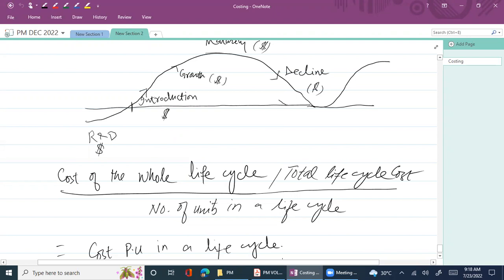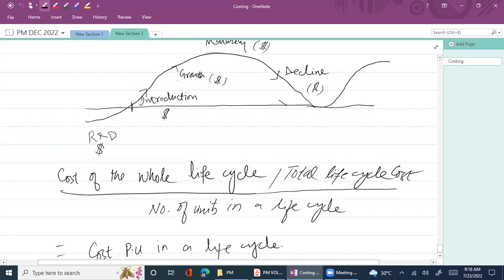So we can see what the company has incurred as research and development, and what expenditures are incurred at the introduction stage, growth stage, maturity, and then decline, because after 12 months there is some new product with updated features, so the old product will be discontinued.